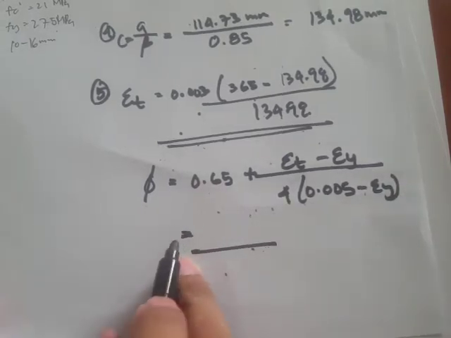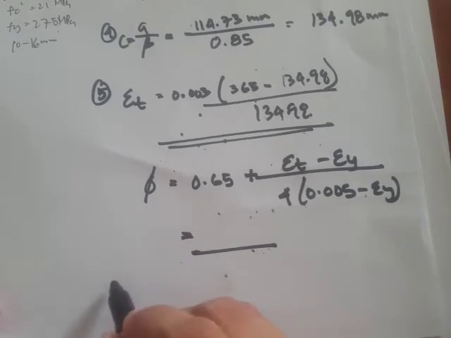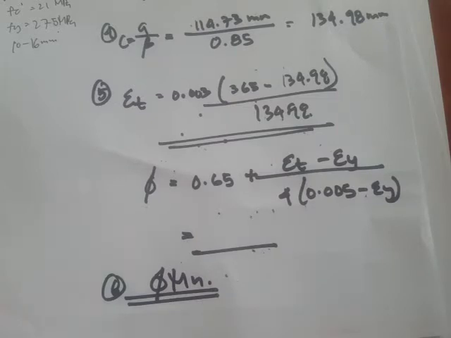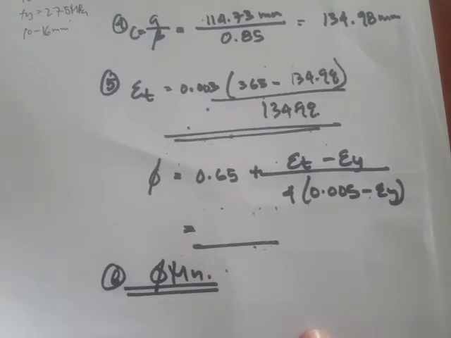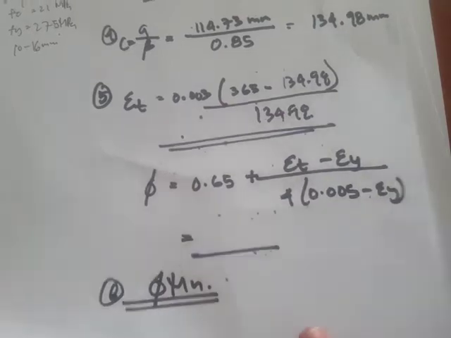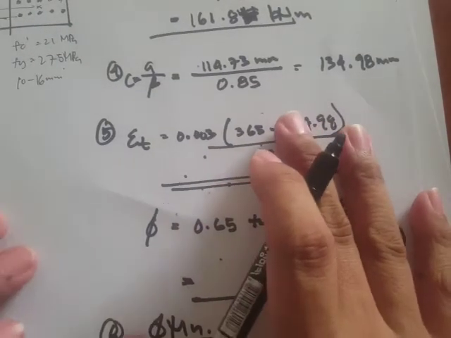Once you have the strength reduction factor, you can solve for the factored moment capacity. I guess that's all for now in this video. I'll leave this up to you, but the process is the same.